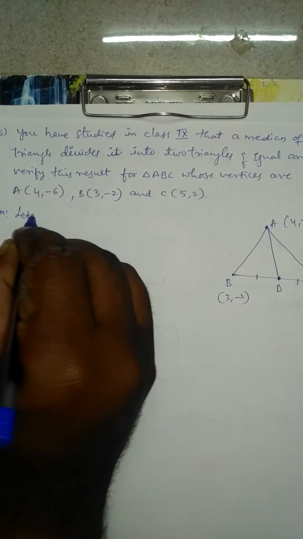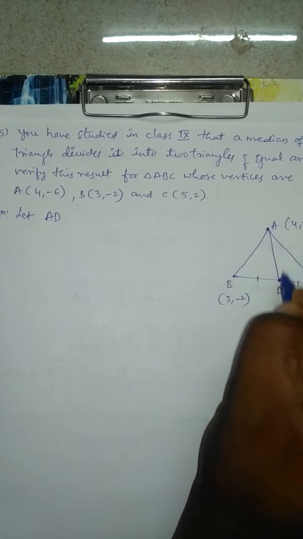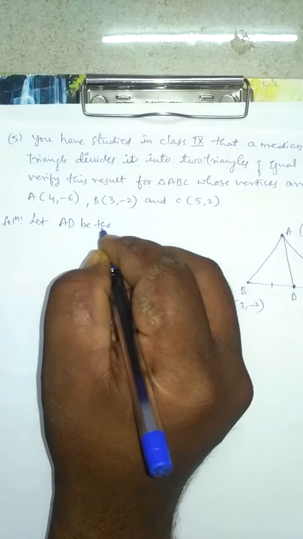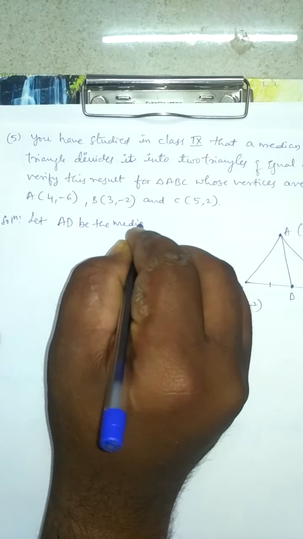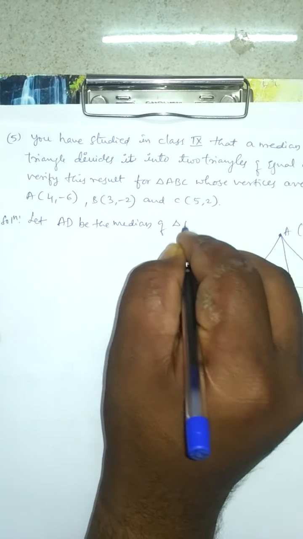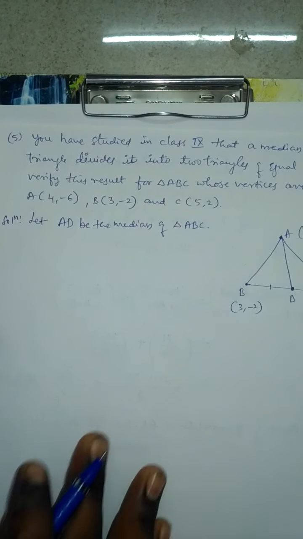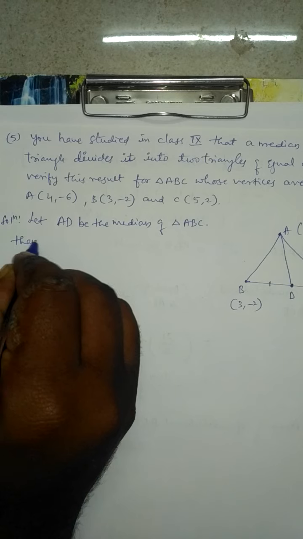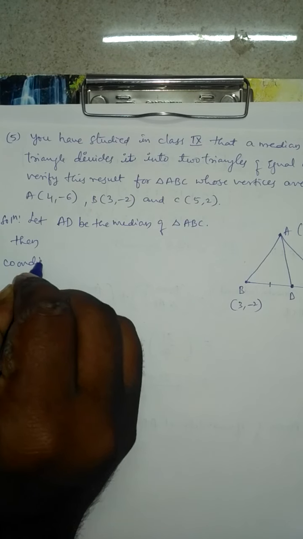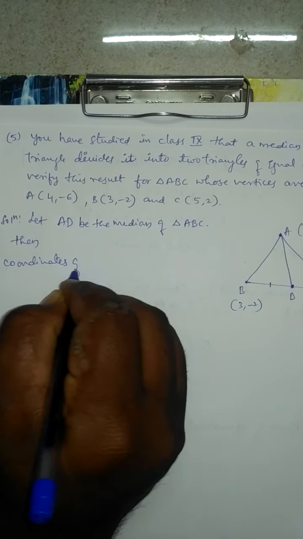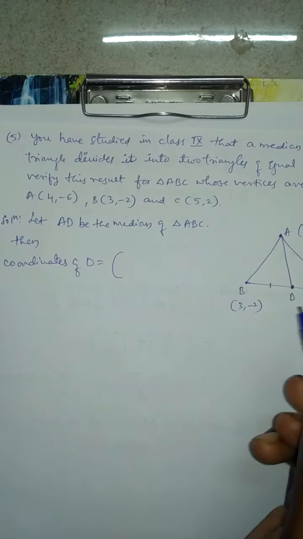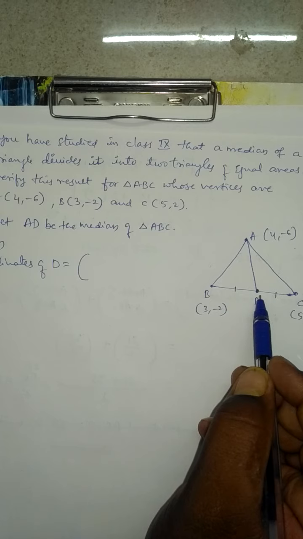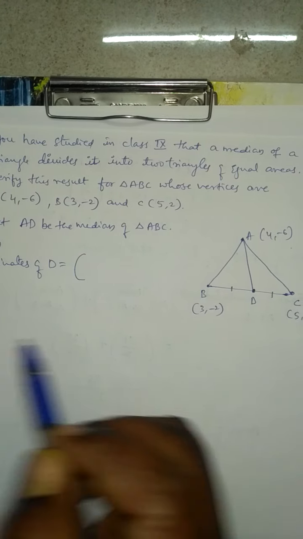Solution: let AD, this line AD, be the median of triangle ABC. If AD is median, then coordinates of D we have to find out by using midpoint formula. What midpoint formula says? X1 plus X2 by 2, Y1 plus Y2 by 2.